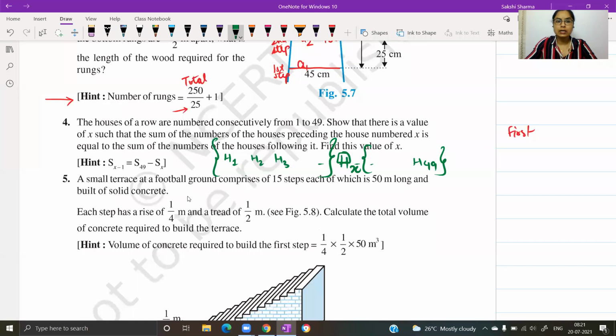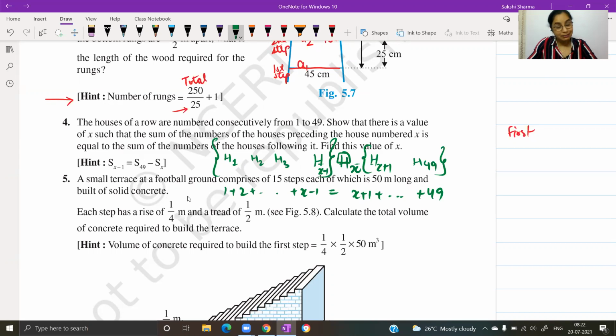So if I had to write down a general representation, hx से पहले कौन सी term आएगी? If I had to use the order in which consecutive terms are written, तो hx से पहले हमारा house number होगा x minus 1 और x के बाद होगा x plus 1. So you want to prove that sum of 1 up to x minus 1 is equal to x plus 1 up to 49.